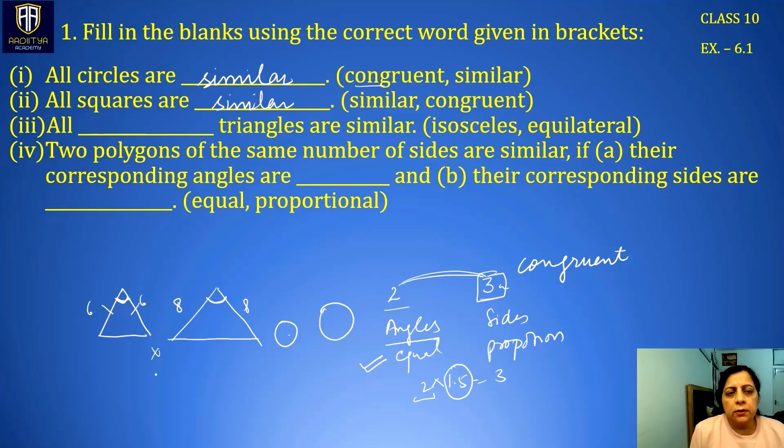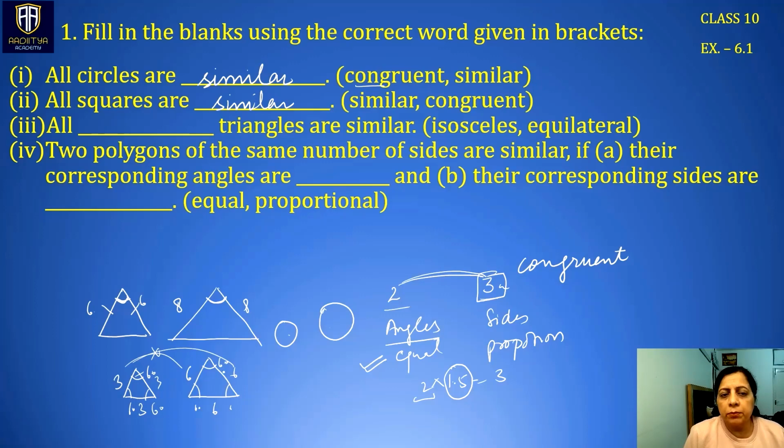On the other hand, if we talk about equilateral triangle, we know that all the angles of any equilateral triangle is 60 degree each. This is 60, 60 and all these are 60 each. And whatever the sides are, like this be 3 and this be 4 or this be 6. So we can say that equilateral triangles are similar because all will be having same angles.